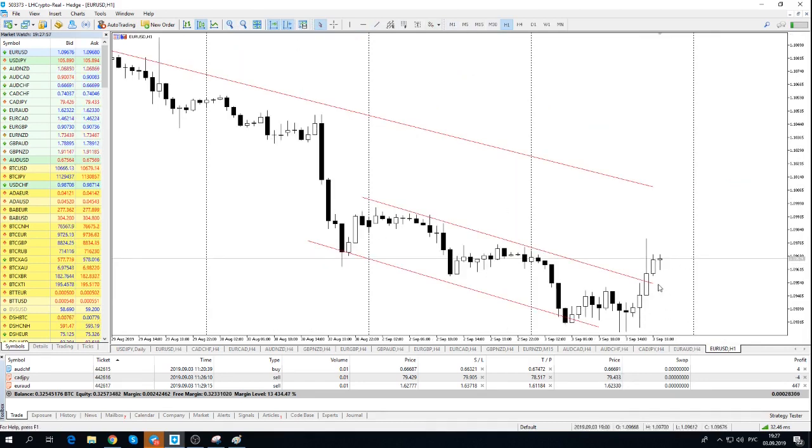Look guys, a trading channel is a support and resistance line with one direction, here it's down, and the chart always moves inside that trading channel. That trading channel gives us a good opportunity to trade.